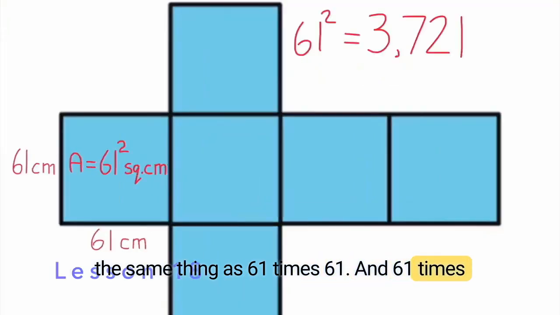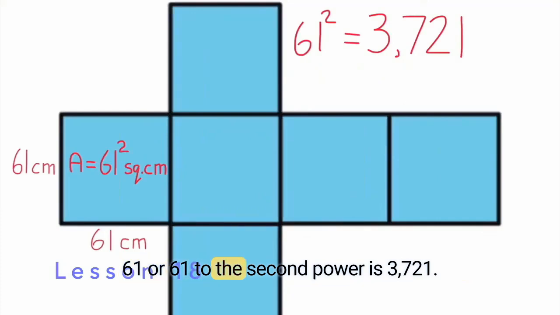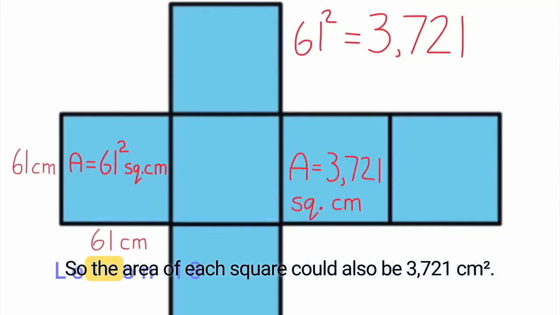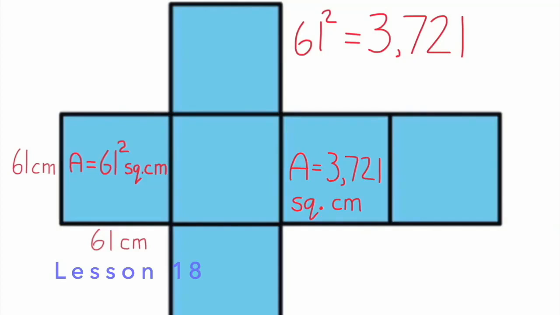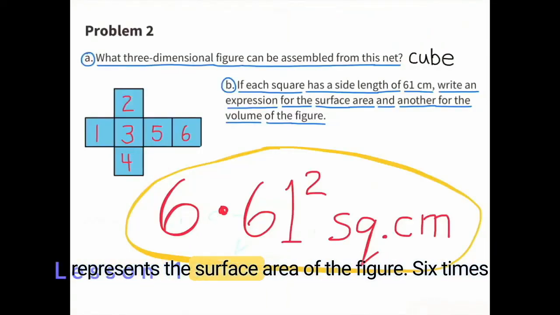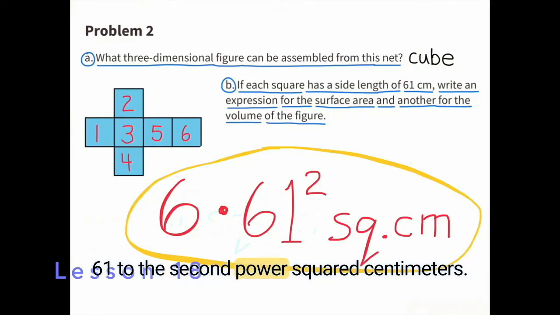And 61 times 61, or 61 to the second power, is 3,721. So the area of each square could also be 3,721 square centimeters. Here's the expression that I chose to write that represents the surface area of the figure. 6 times 61 to the second power squared centimeters.